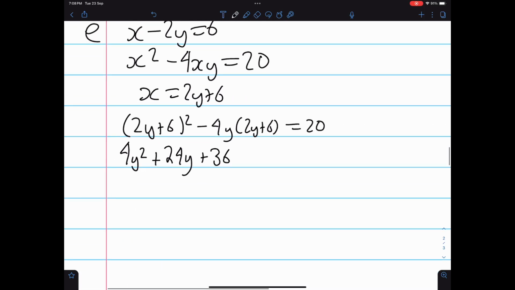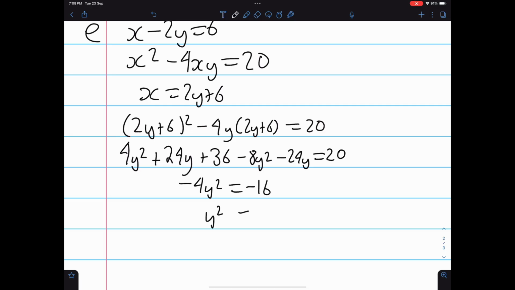Sorry, being a dingus. Minus 8y squared minus 24y equals 20. Those 24s will eliminate, and we'll get minus y squared. And then we get 20 minus 36, which is minus 16.